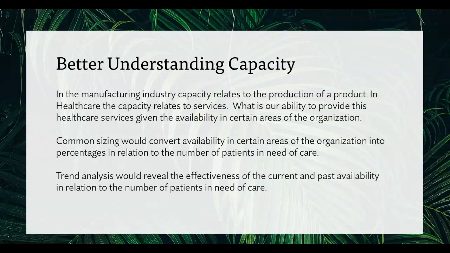But like I said, you can go back to previous years and see the effectiveness of the current and past availability in relation to the number of patients in need of care, or whether adequate care is being provided based off of our previous analysis. And so we might have to adjust that in the future.